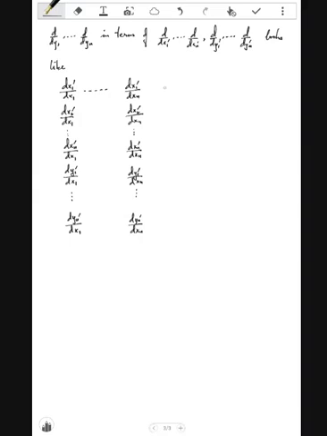And now we do the same for d by dy1 and so on.